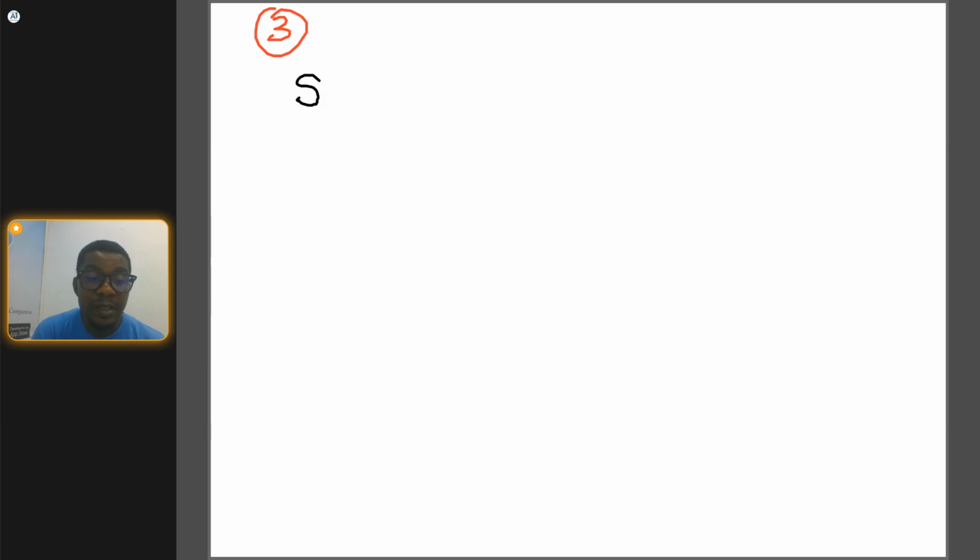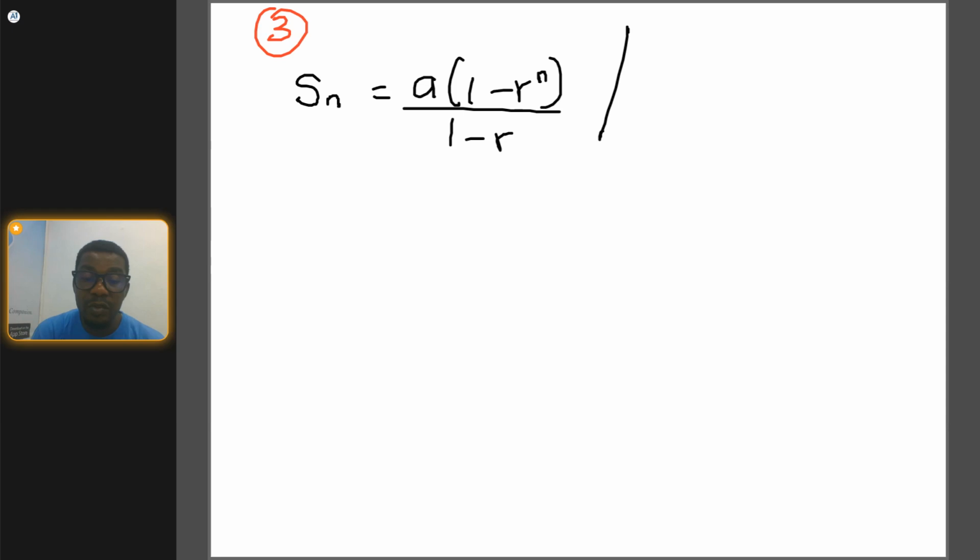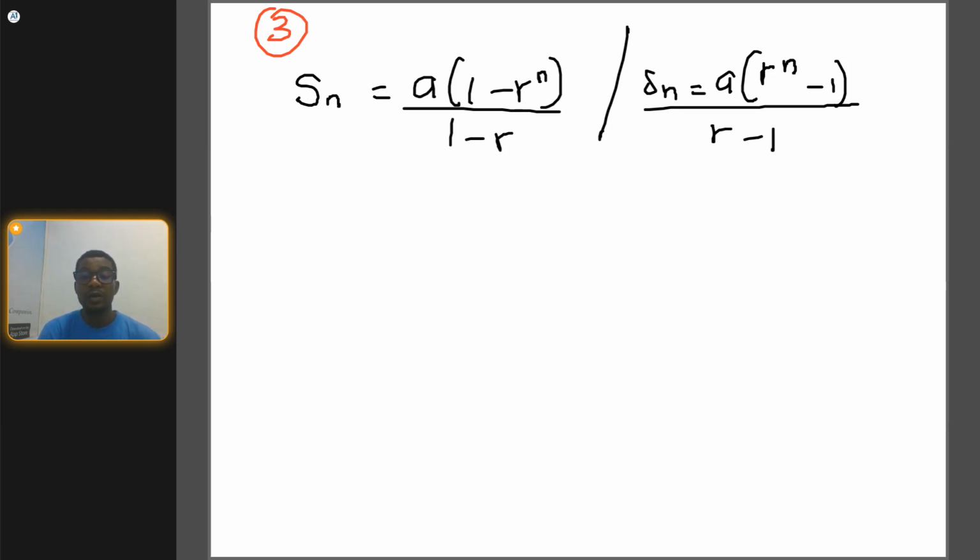The sum is given as Xn equals a into the bracket 1 minus r^n, over 1 minus r. We have two formulas. The second one is Xn equals a into bracket r^n minus 1, close the bracket, all over r minus 1.